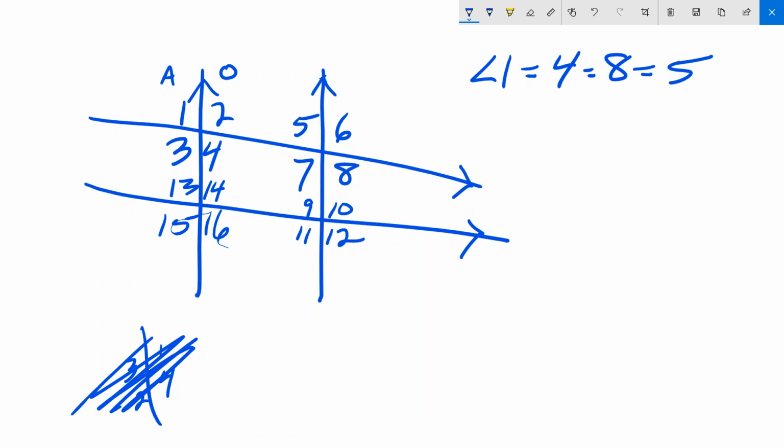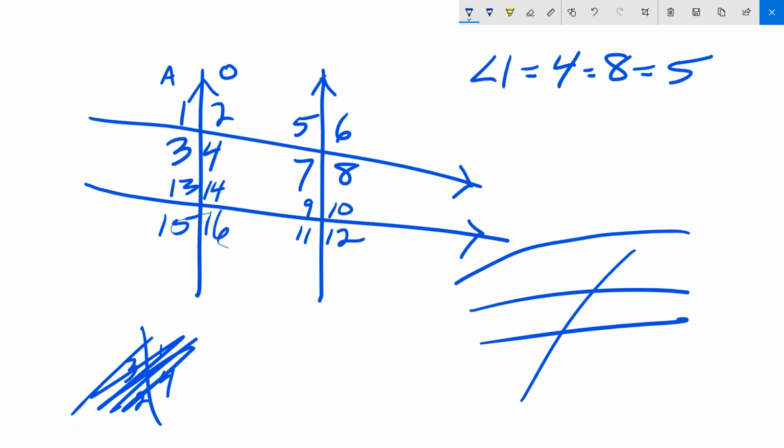In other words, there are two rules you have to use here. One is my simple one: all acute angles are equal, all obtuse angles are equal, and an acute angle and an obtuse angle add to 180. Okay, with me? Yes. This is the picture you're going to be looking at 95% of the time.